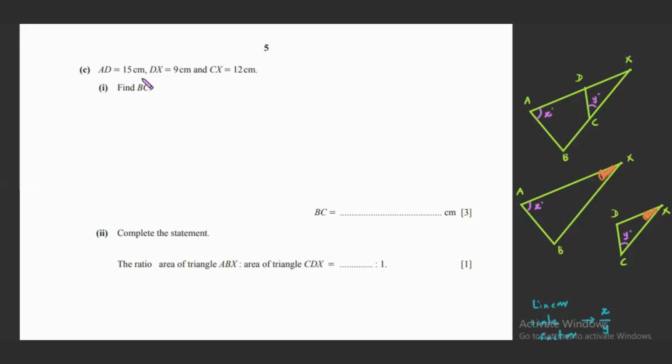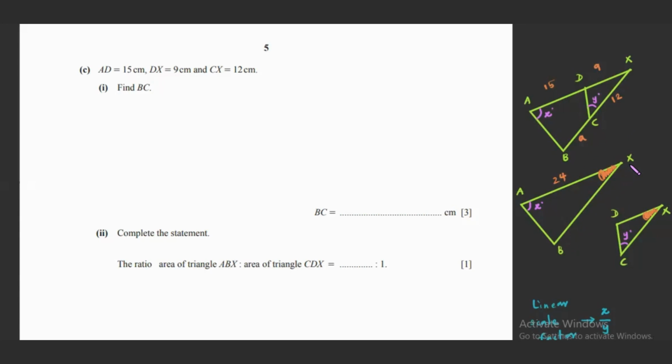And in this question, they have given that this side AD is 15, DX is given to us as 9, and CX is given to us as 12. I'll label BC as A. So in the larger triangle, this A to X distance will be the sum of 15 and 9 together, which is 24.